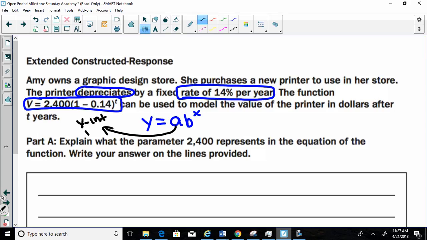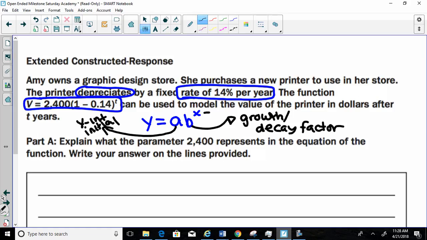What does b represent? The rate of change, growth or decay factor. We call it the growth or decay factor. And the rate is your r that's in there.